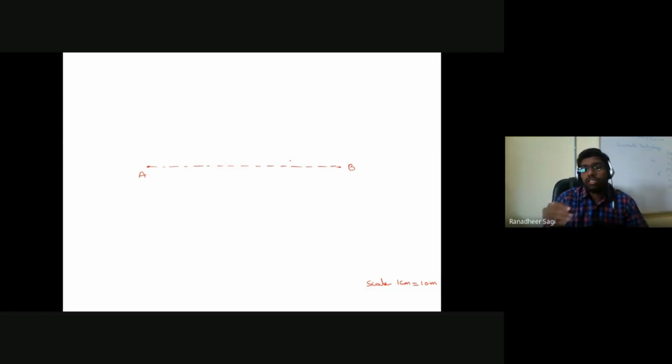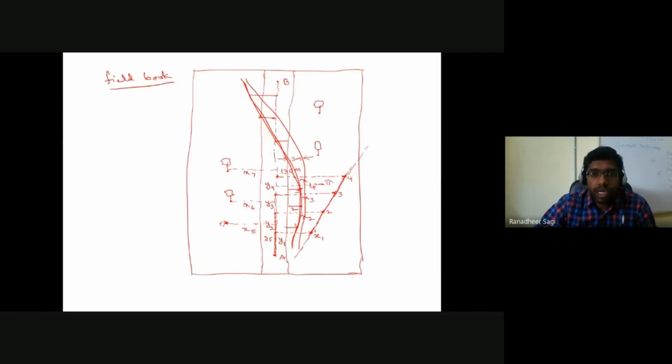So I have marked the position of point A and point B, and I have represented my control line or my survey line AB by converting the field data into your map by the proper scale we have chosen. And let me now go on to see what data I have got in my field book.